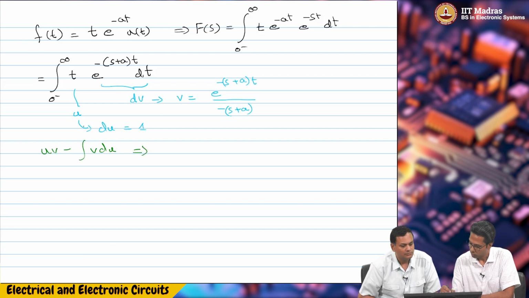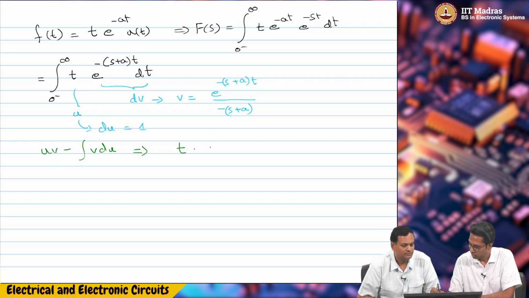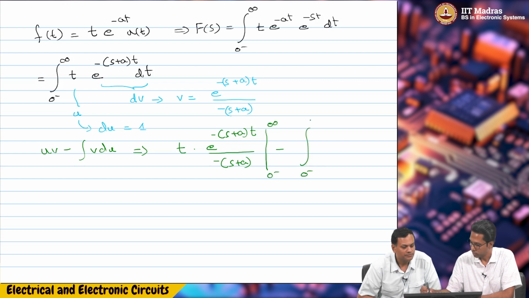So u is t, and v is e power minus s plus a times t divided by minus s plus a, evaluated from 0 minus to infinity, minus the integral from 0 minus to infinity of v du.